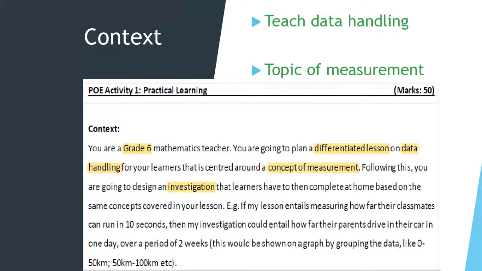That is what they taught the learners. All right, so the first thing that you have to remember is that you need to teach data handling. If you are not using data handling to teach, you will not receive marks for this activity. All right, so it should be data handling.